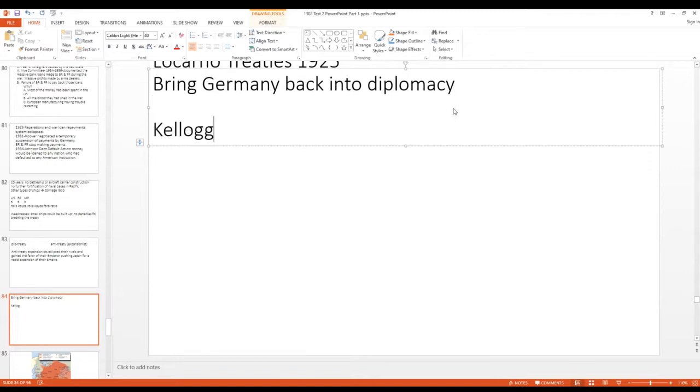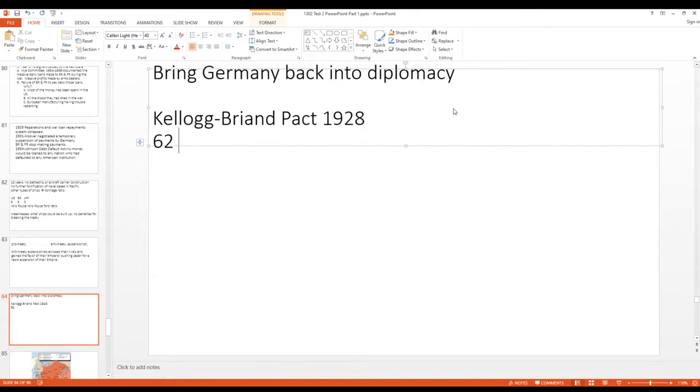There was so much optimism that in 1928, 62 nations, including Germany, signed what was called the Kellogg-Briand Pact.